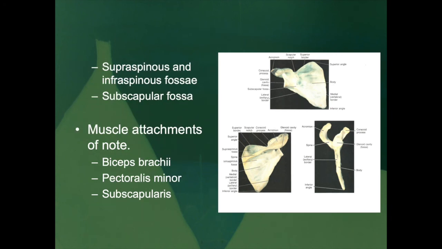Above and below the scapular spine, we find some important fossae, and we see this in a dorsal or posterior view of the bone itself. We have a supraspinous fossa, and we have an infraspinous fossa. Again, when you think of the name itself, where is that spine?